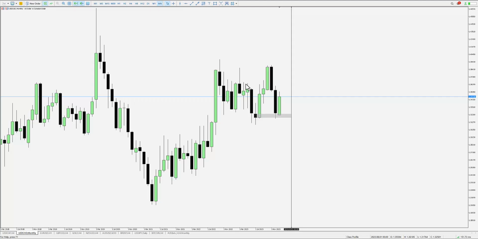In terms of targets on the monthly chart, I think the monthly target has been reached. You can see October's low is coming in at 1.35404. The current chart's high is 1.35410. That means the imbalance has been filled.